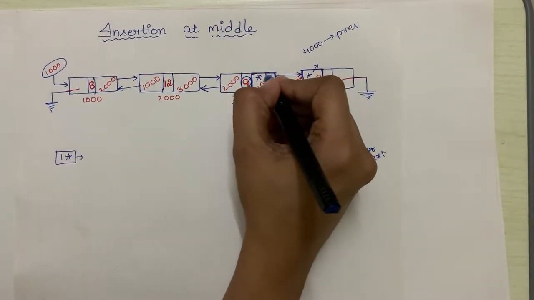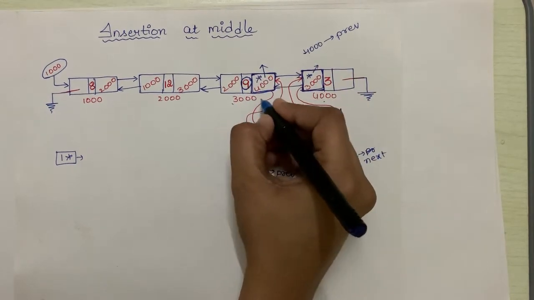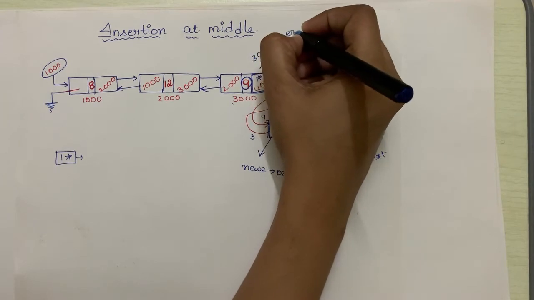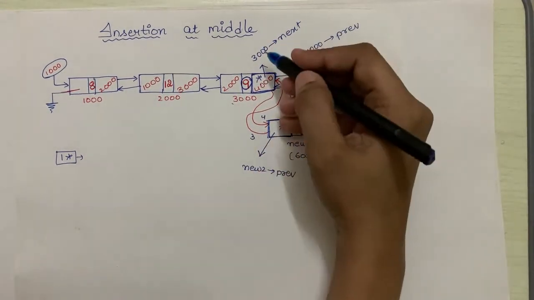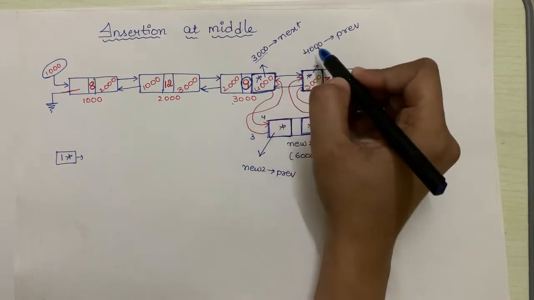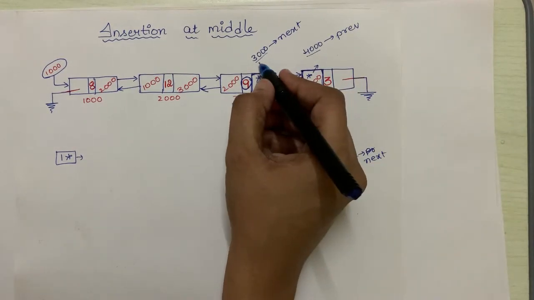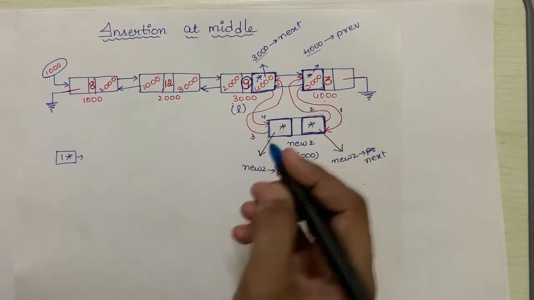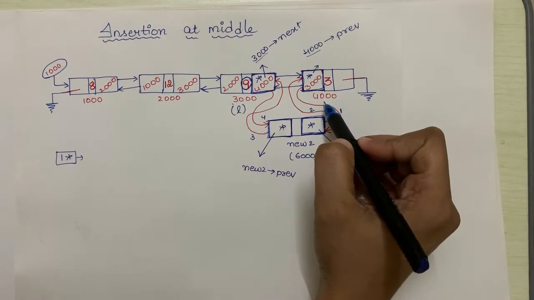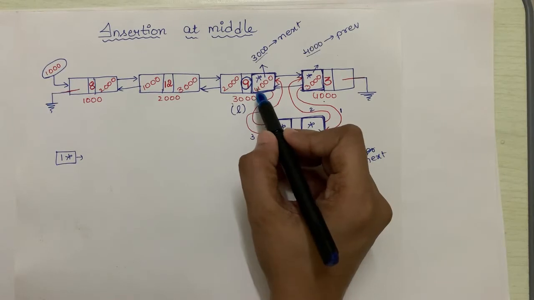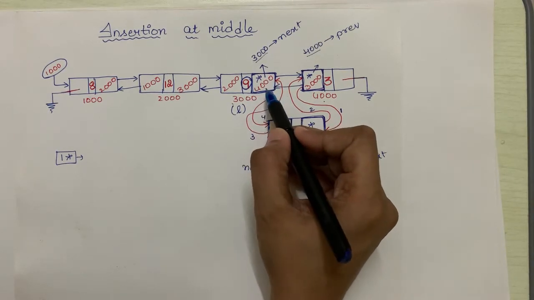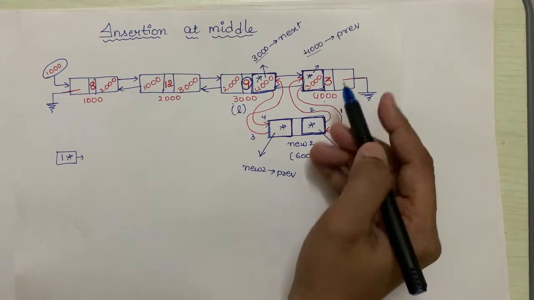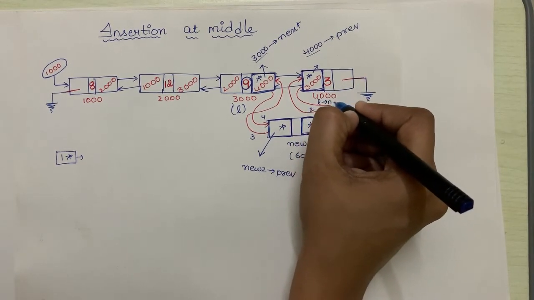And name of this field is 3000 next. So here we should know the names of 3000 and 4000. For example, if the name of 3000 is L, what is name of 4000? If this is L, this field name is L next. If 4000 is L next, obviously the name of this node will be L next. So this will be L next.